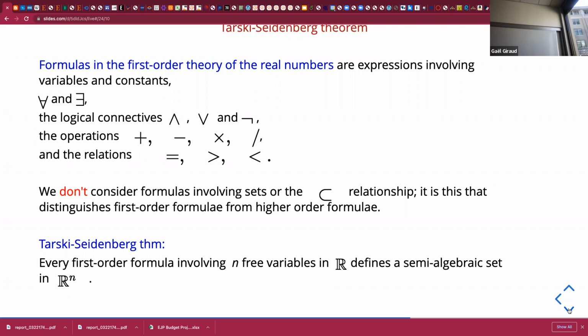So if you can write a formula with this on the real numbers, that's a first order formula, and the Tarski-Seidenberg theorem tells you the set defined by this formula must be a semi-algebraic set. Very simple. Once you have understood that, you spend your entire life checking whether this or that set is semi-algebraic.